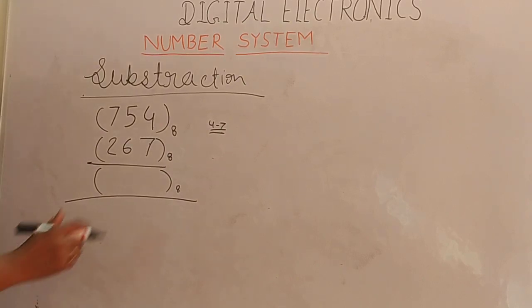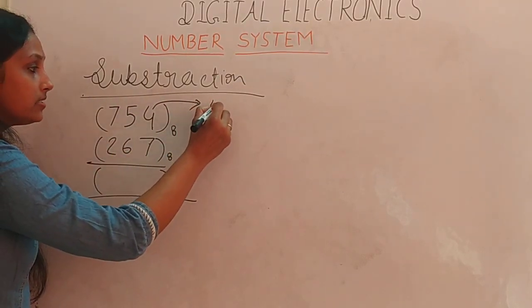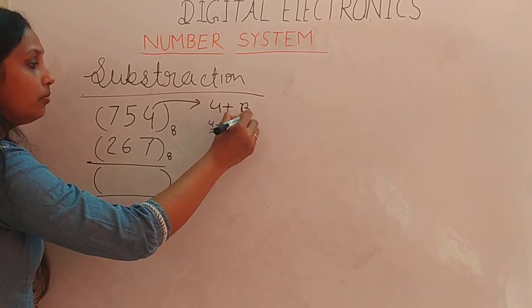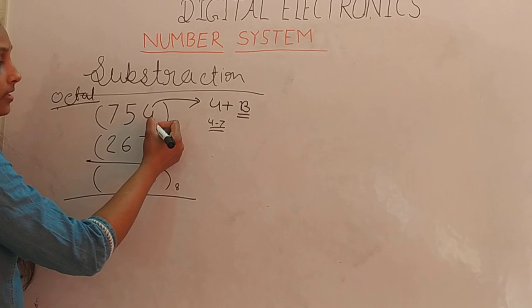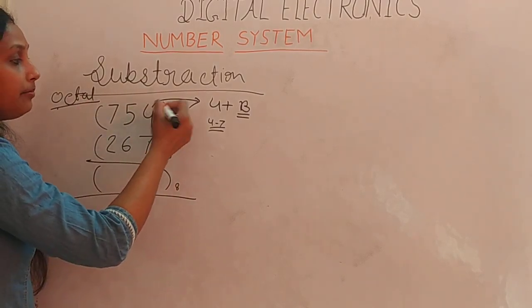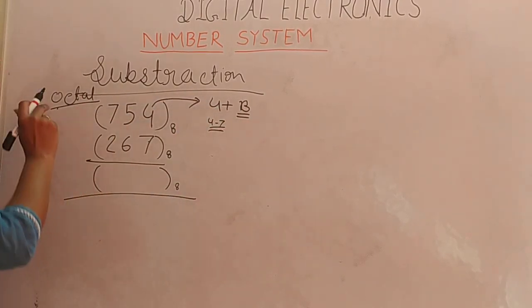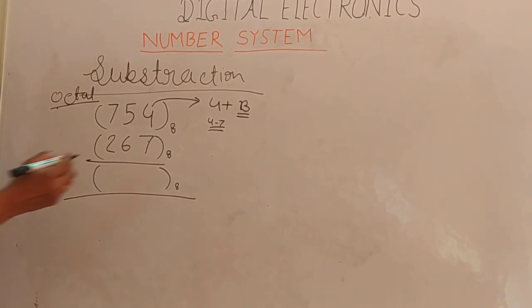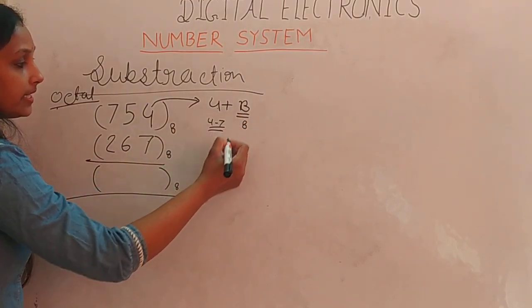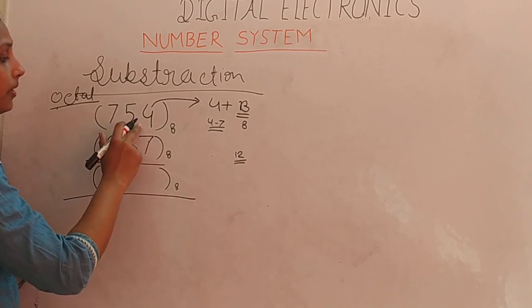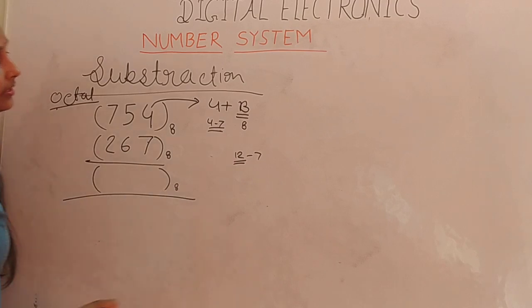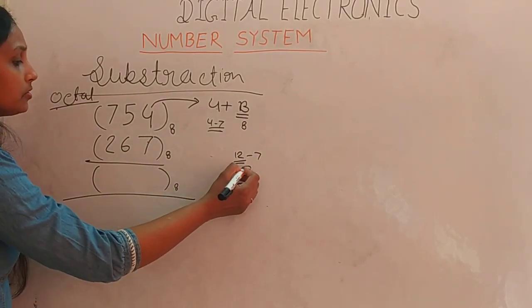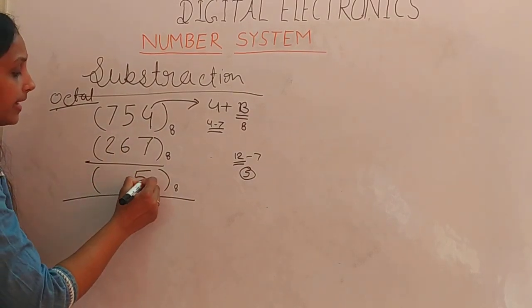But here we'll assume this number as 4 plus the base value of the number system which we are using. For octal the base means 8. So 4 plus 8 will be 12. We will assume 4 as 12, and 12 minus 7 will be 5. 5 is directly present in the octal, so we will write here 5.